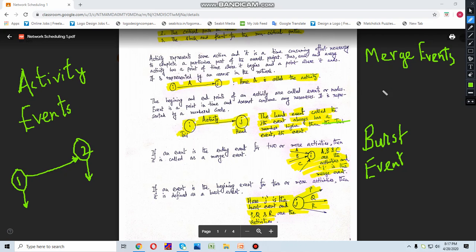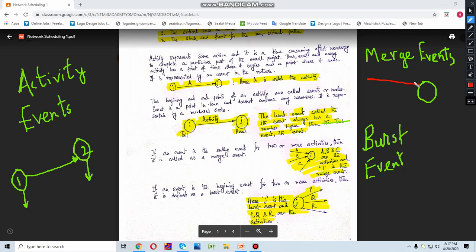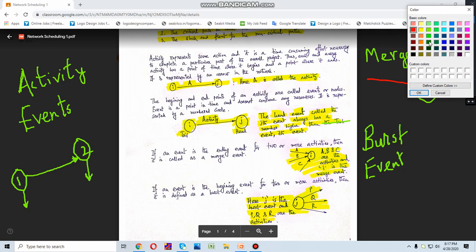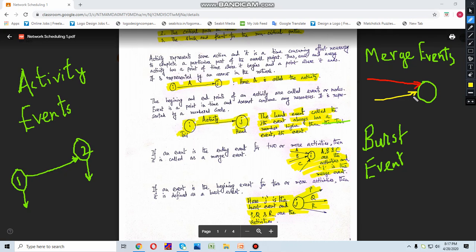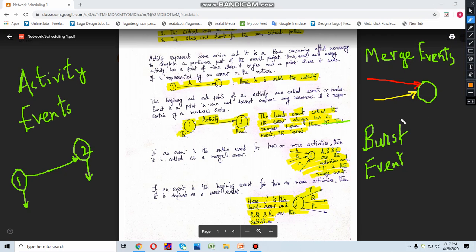Now see, this is a specific event. Let us assume that three different events are getting merged into a single event here.